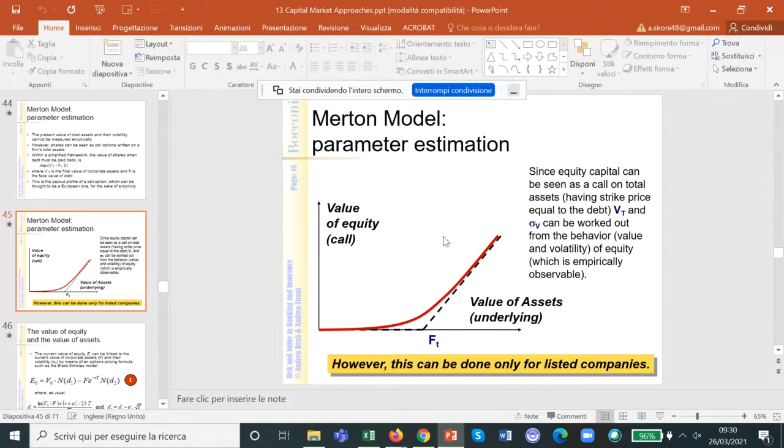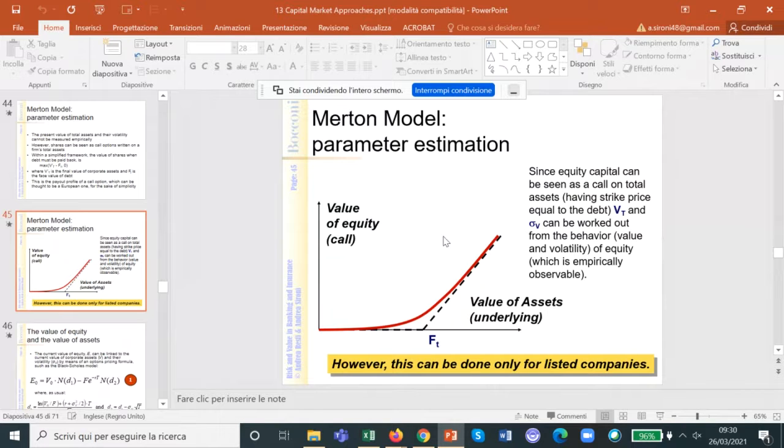If you think about the payoff of the shareholders, in this chart again you have on the x-axis the value of the assets of the company, and on the y-axis the payoff of the shareholders. The shareholders have a payoff equivalent to that of someone who has bought a call option on the value of the assets, meaning that if the assets of the company are equal to the face value of debt, the payoff is zero, because the assets all go to the debt holders.